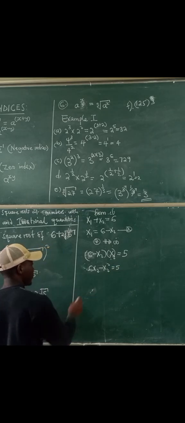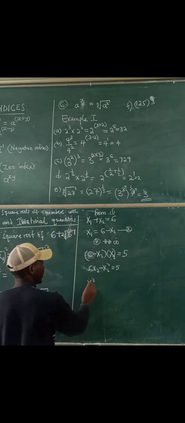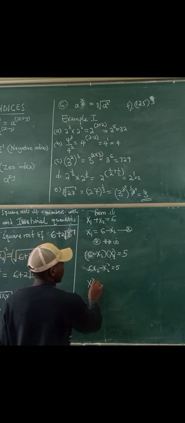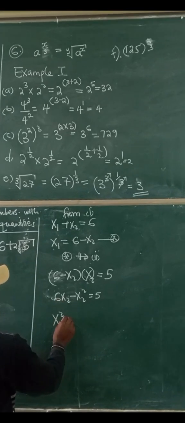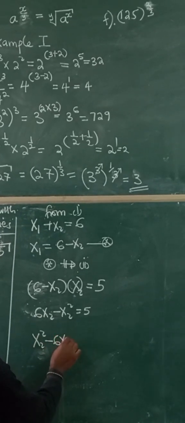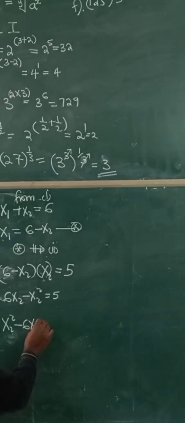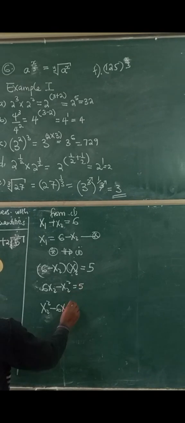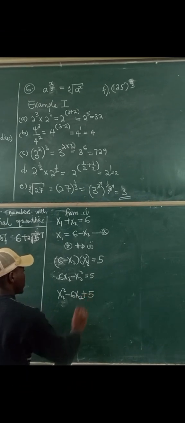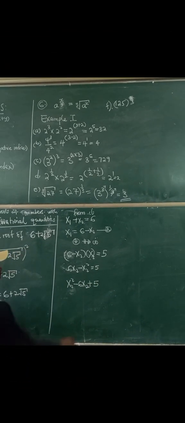Therefore, x2 squared minus 6 x2 plus 5 is equal to 0.